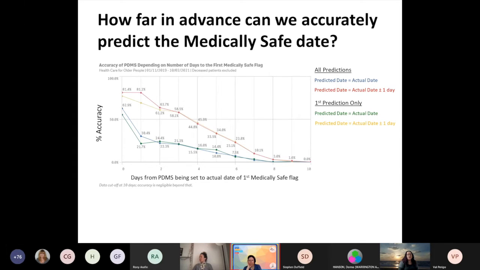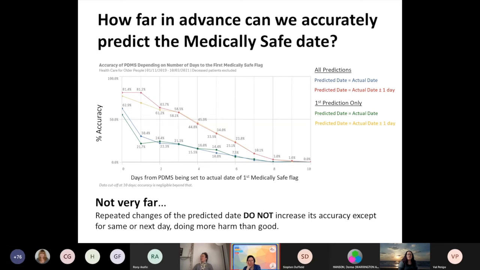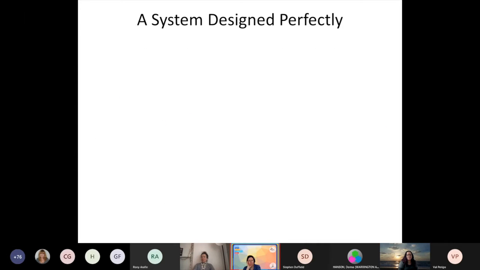What I showed you before were all the predictions, but even for the first one, the only advantage of doing it again and again is to tomorrow or today, which is not helpful at all. So we can't predict very far, and the repeated changes, as you can see, because those lines merge beyond 2 days ahead, are basically not helping us increase the accuracy.